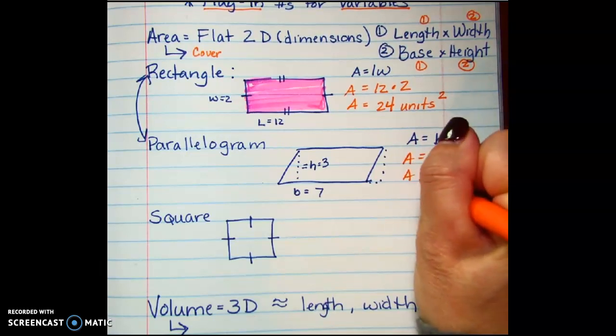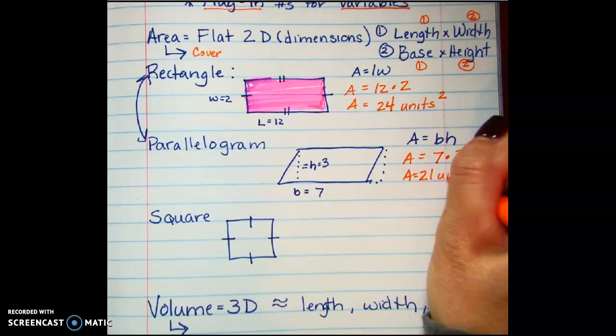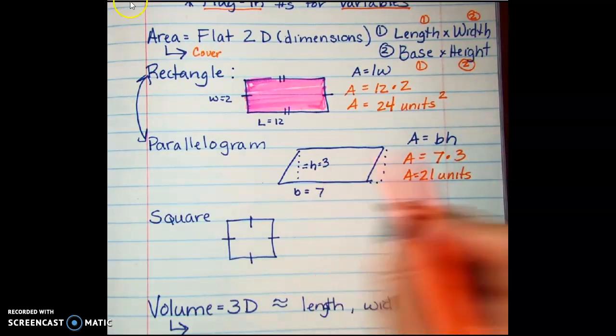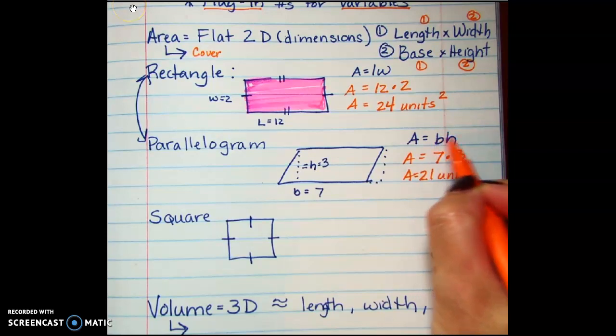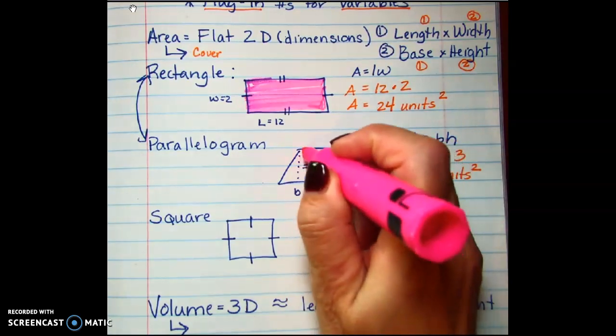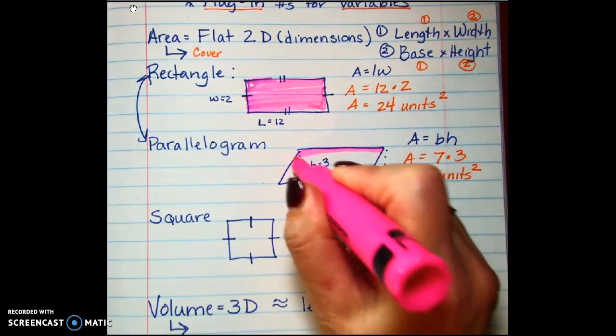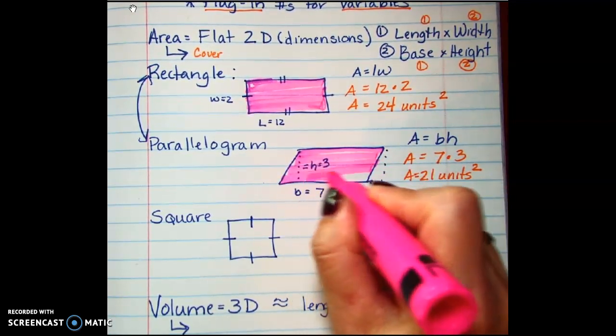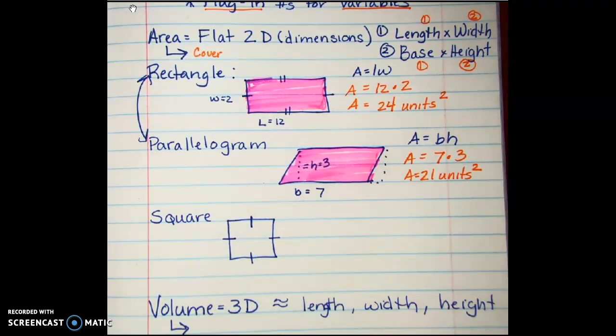Area equals 21 units, because I did not put a measurement, and because it's still 2 dimensions, and a flat surface is two-dimensional, I put in square units. So that's how many square units it would take to cover this.